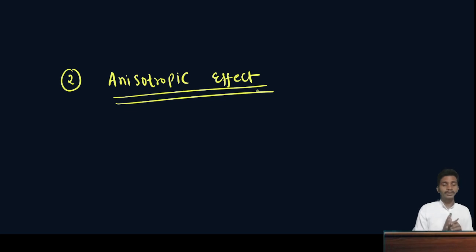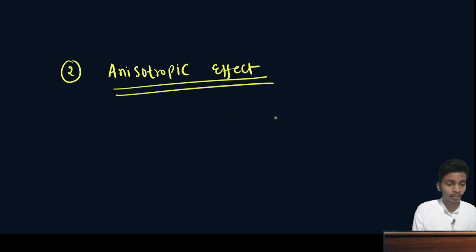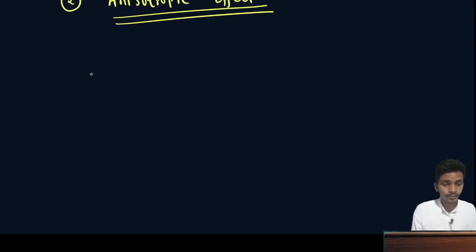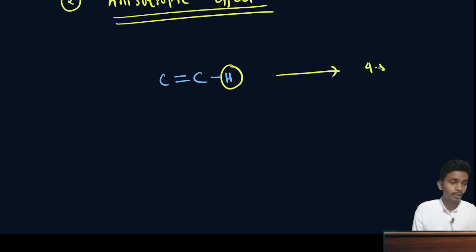While discussing the chemical shift values that we have to remember, I told you that if the group has a double bond with hydrogens on it, then its chemical shift value is going to increase, to 4.5 to 6.5 ppm.